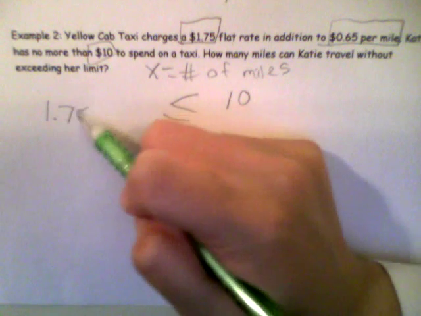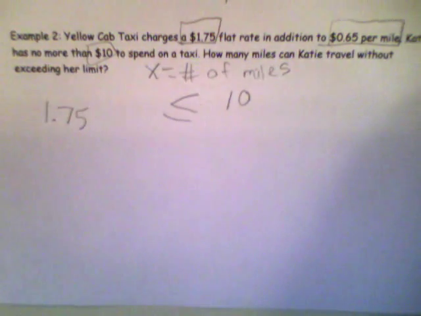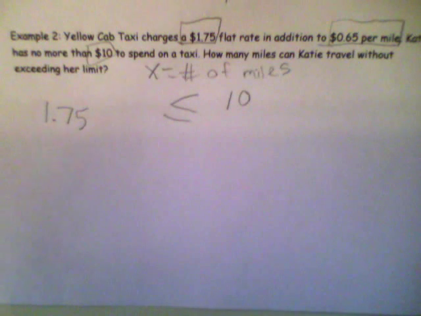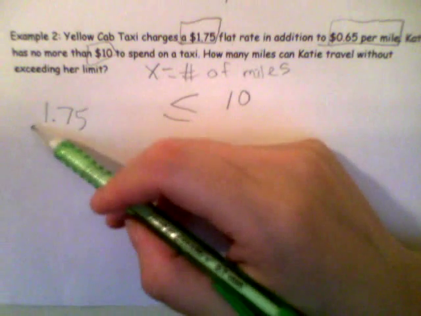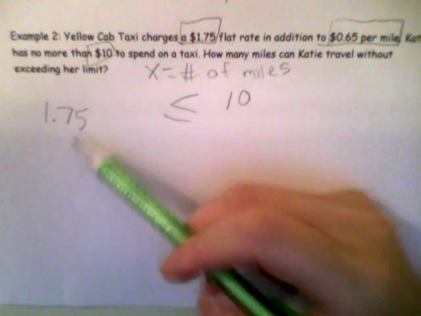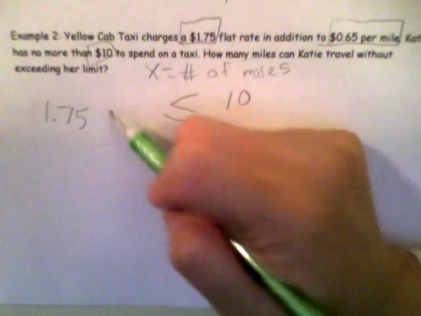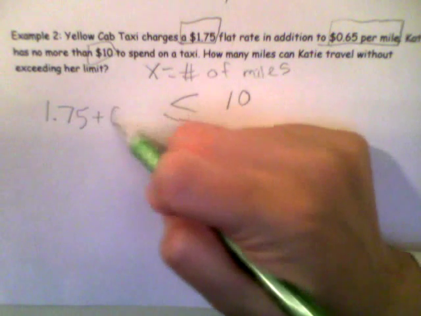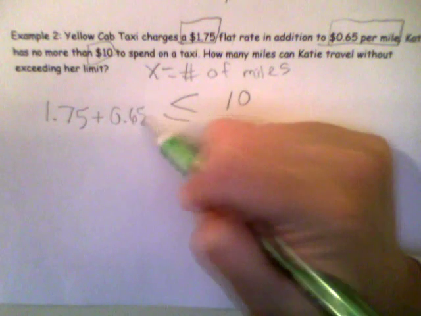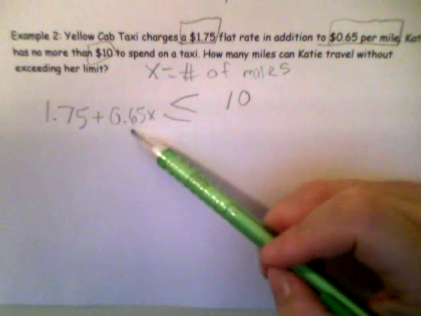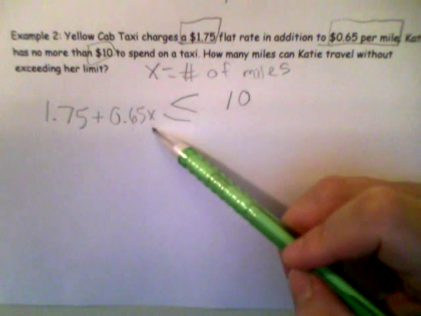So I'm going to get charged $1.75 no matter what. In addition to that, I'm also going to be charged 65 cents per every mile. So the total cost of the taxi is going to be the flat rate, $1.75, plus 0.65x. So 65 cents per every mile.